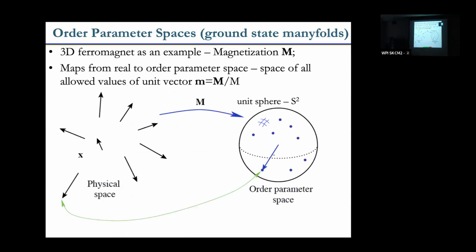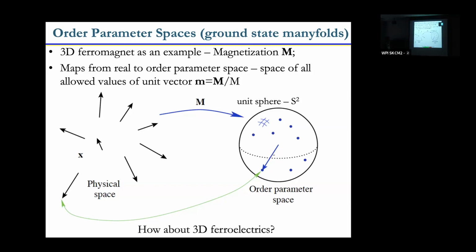Okay, so looking at this example, here somewhere we have the physical space. We have some values of the order parameter fields, and we will do this type of mapping to the order parameter space. Sometimes, depending on the dimensionality of the different topological objects, like singular point defects or line defects, we will need to encircle them with certain surfaces, like multidimensional spheres.